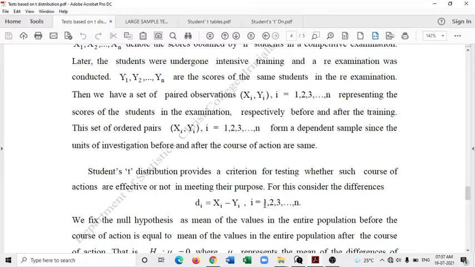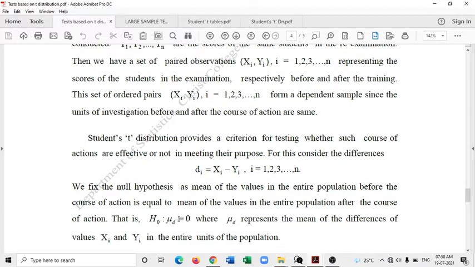So we always keep the order, the first element of the pair minus the second element of the pair, and therefore if H0: mu1 equal to mu2 is the exact null hypothesis, we can take it as the hypothesis H0: mu d equal to 0.